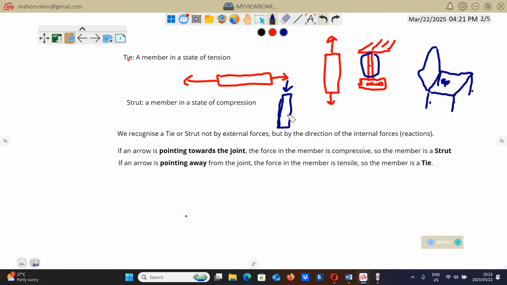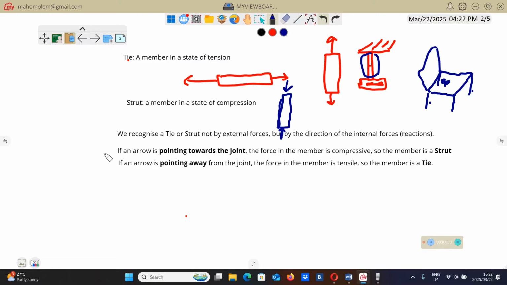And then in that way, the ground as well is going to push the feet upward. So this leg is going to be under compression. Your weight will squeeze that leg. So this leg, since it will be under compression, it will be squeezed, pressed down, we can call it a strut.